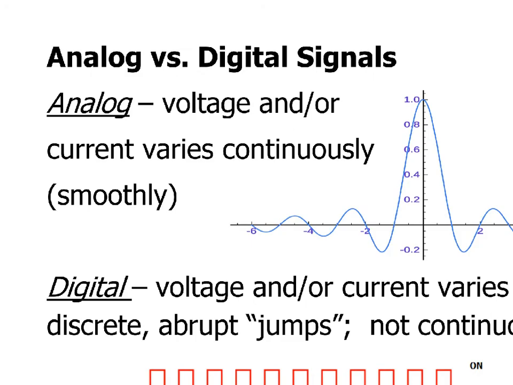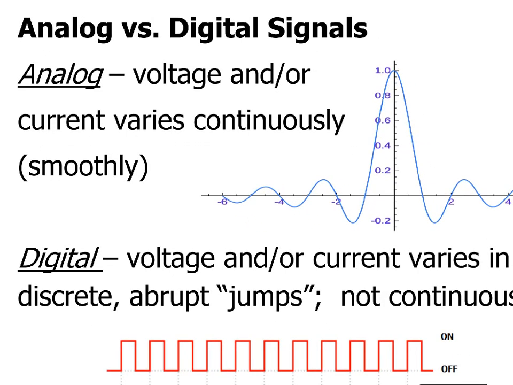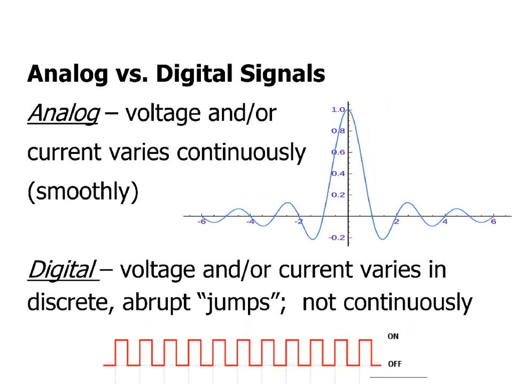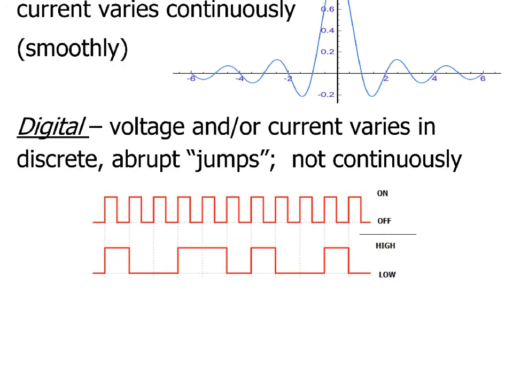That is not what a digital signal looks like. Let's first get the definition and then we'll look at a graph. In a digital signal, the voltage or current varies in discrete, abrupt jumps. It is not continuous. There are basically only 2 states to a digital circuit, and that's high or low, sometimes called on or off, sometimes represented as a 0 or a 1.